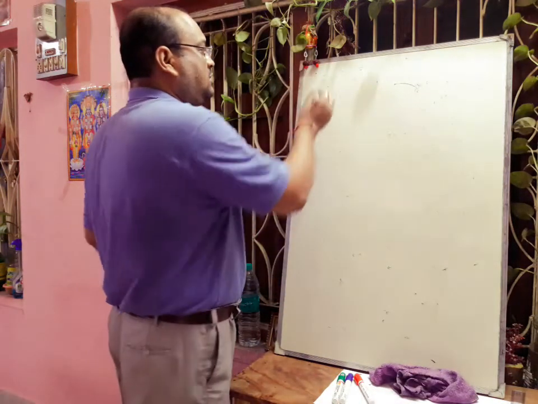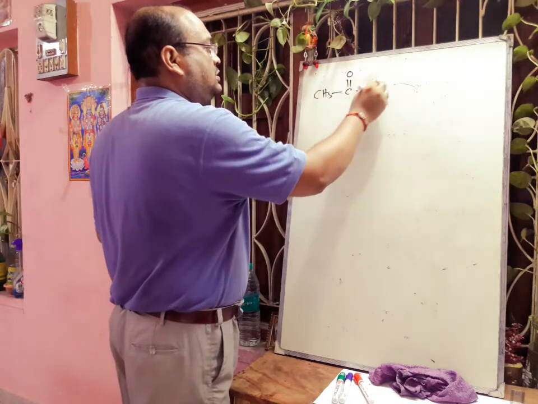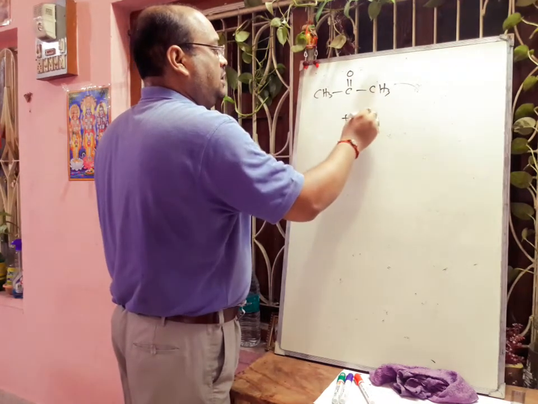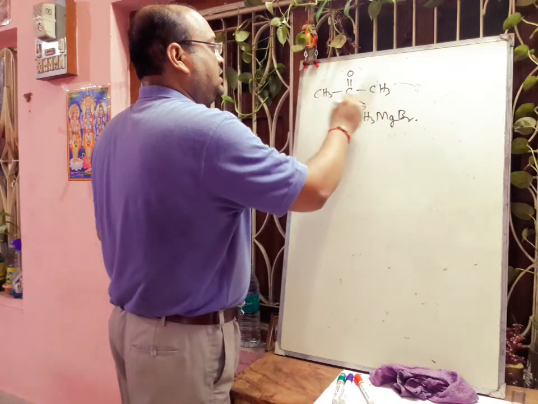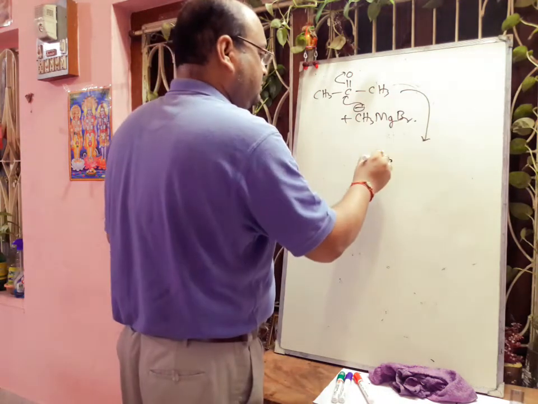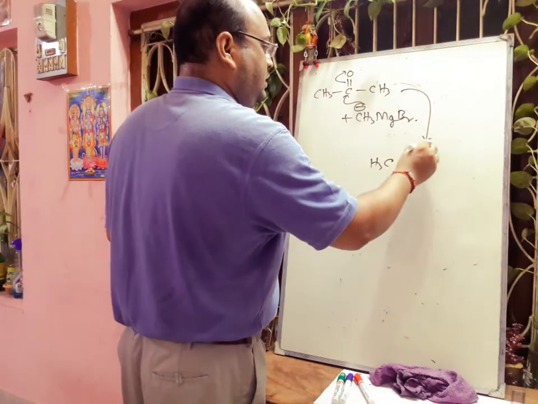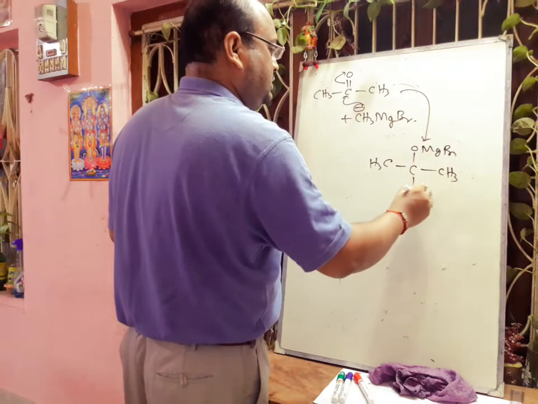Next, if we take acetone, from acetone we can prepare the tertiary alcohol, CH3 C double bond O CH3. Here also we are adding 1 mole of methyl magnesium bromide. This methyl will attack here, and finally we are getting OMgBr with CH3, CH3.